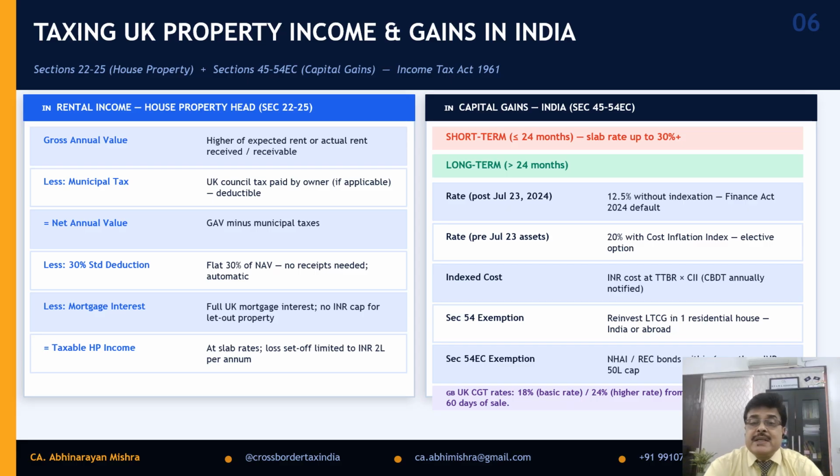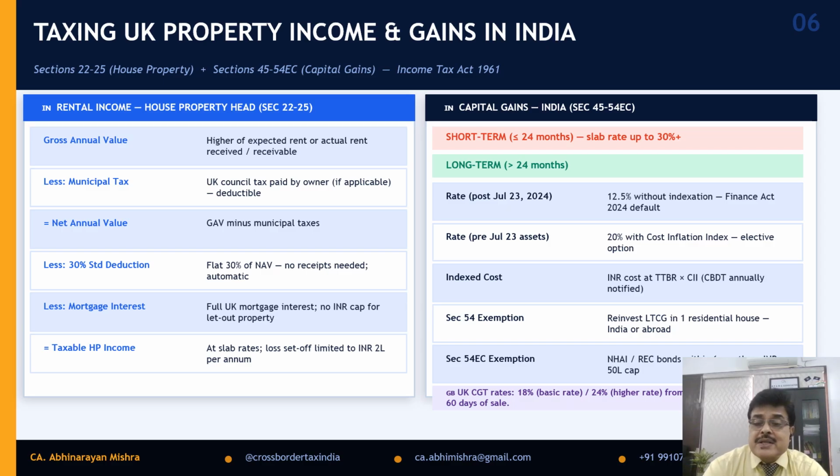If the asset is pre-July 2023, 20% plus cost with cost inflation index is an elective option. So indexed cost will be INR cost multiplied by TTBR multiplied by CII, that is annually notified by CBDT.